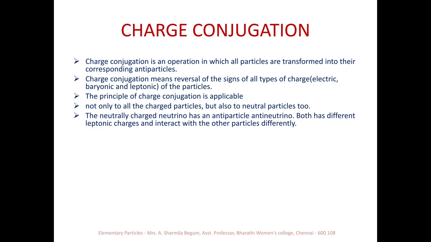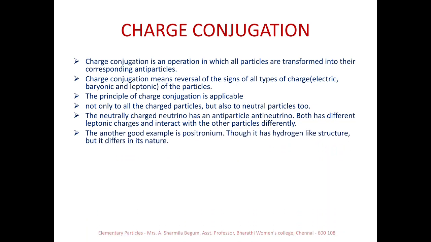Neutrino has a leptonic charge of +1 and the antineutrino has a leptonic charge of -1. So they have different leptonic charges and interact with other particles differently. Another very good example is positronium. Though it has a hydrogen-like structure, it differs in nature.